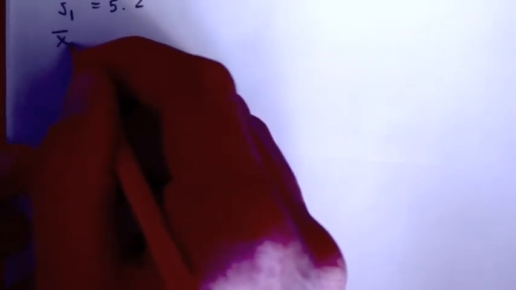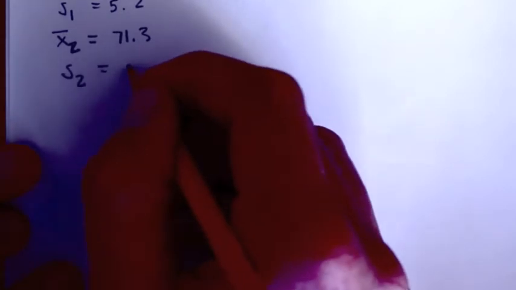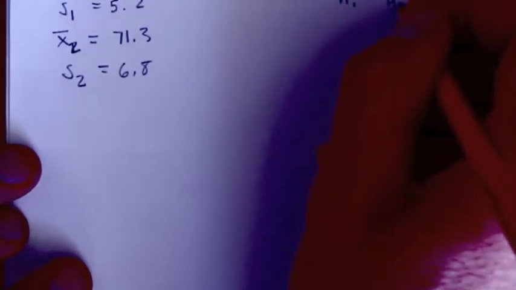The second group, the sample mean, x2 bar, is 71.3, and the standard deviation is 6.8. So our formula for the confidence interval was x1 bar minus x2 bar plus or minus t star times the square root of s1 squared over n1 plus s2 squared over n2.